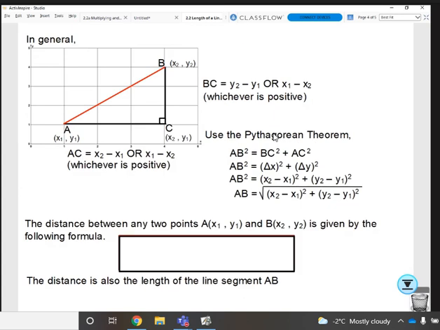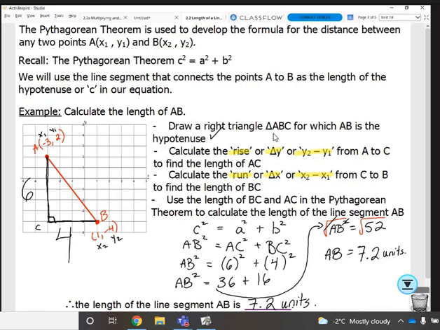Good. Now that we have a pretty decent understanding of that, let's think about this theoretically. Over here they gave us specific coordinates: A is -3, 2, and B is 1, -4.